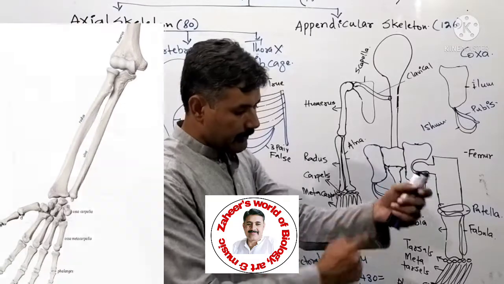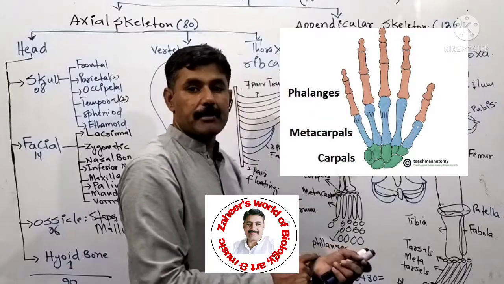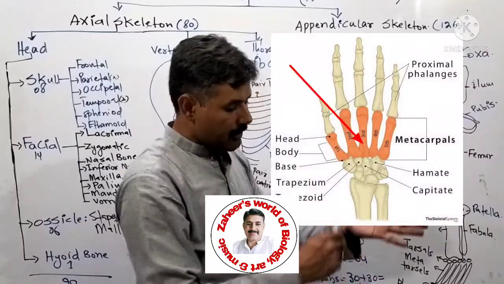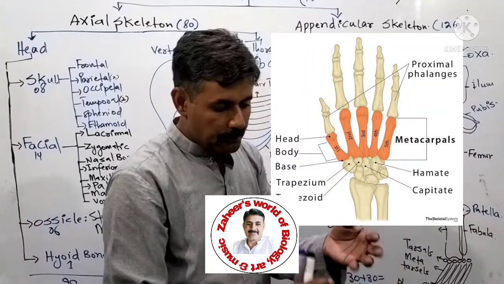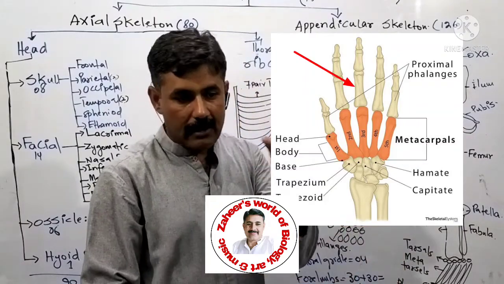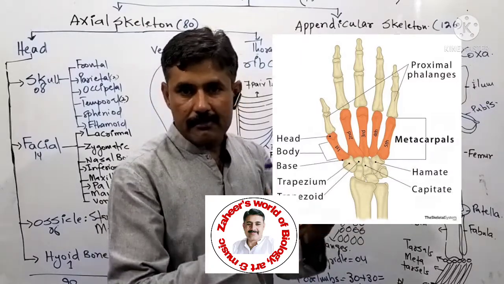And right at the wrist of our hands there are bones present, 8 in number. They are called carpals. And then in our palms there are bones called metacarpals. And finally in our fingers, there are 2 bones in the thumb and all the other fingers have 3 bones. These are called phalanges.